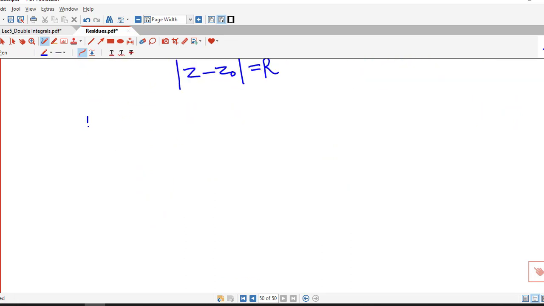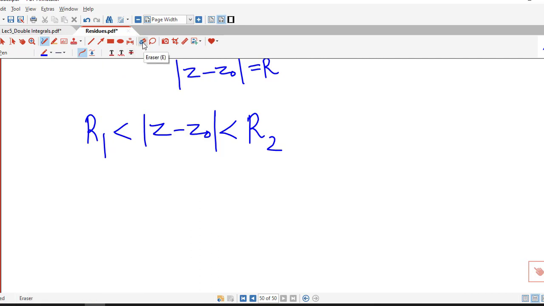Now as we know, if our function is analytic in this type of domain, then we can represent our function by Laurent theorem as a Laurent series. Here r1 is 0 because z0 is isolated singular point, and instead of r2 we are using r.